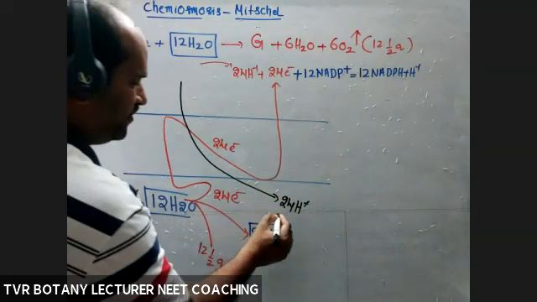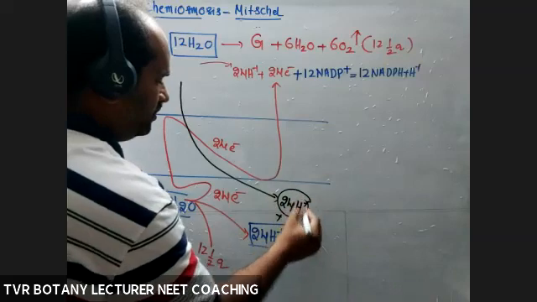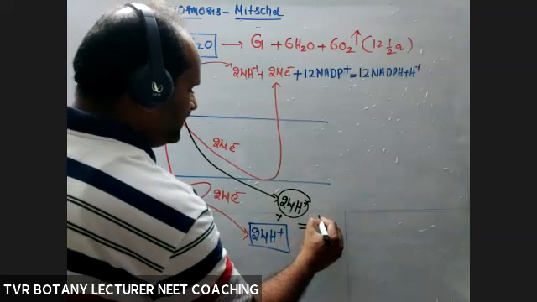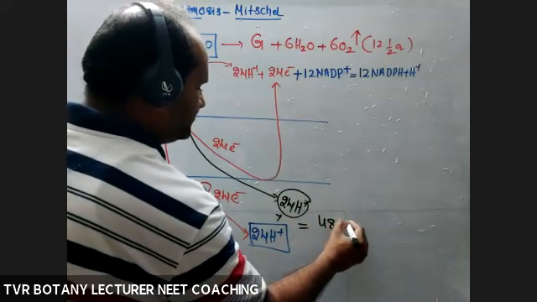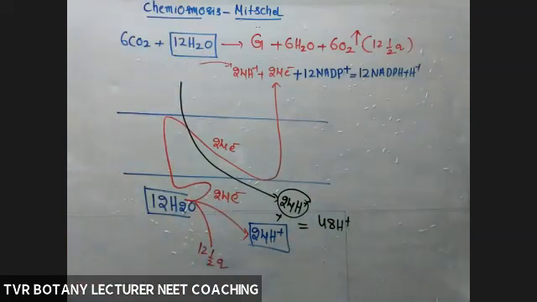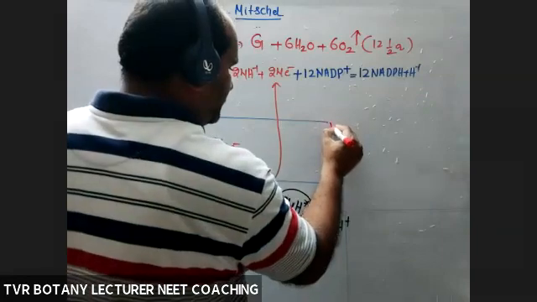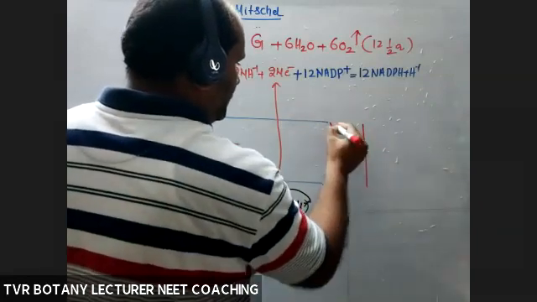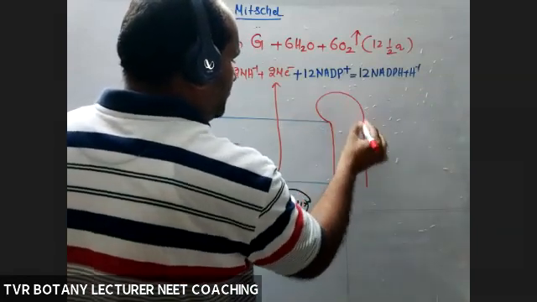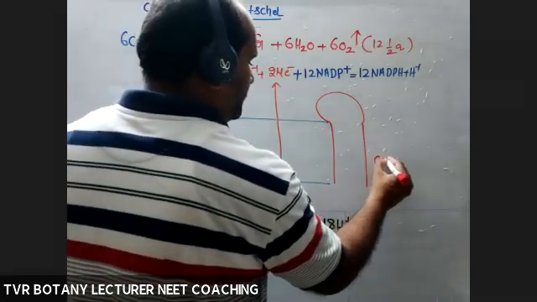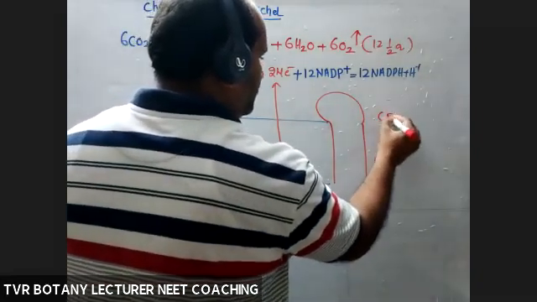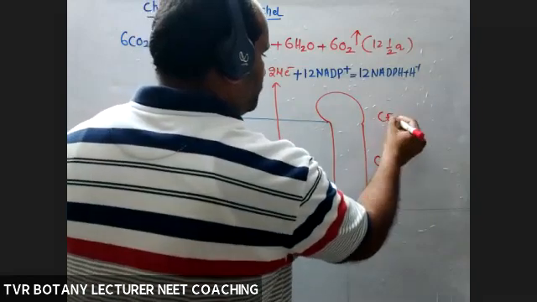Now all together, how many? 48 H plus, available out of 12 H2O molecules photolysed. Now the CF0, CF1 complex.